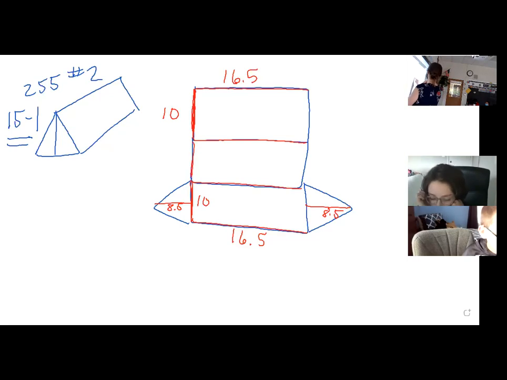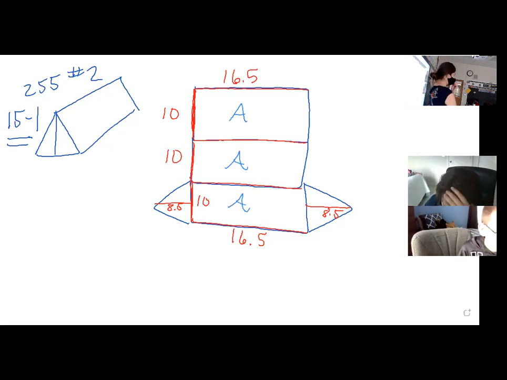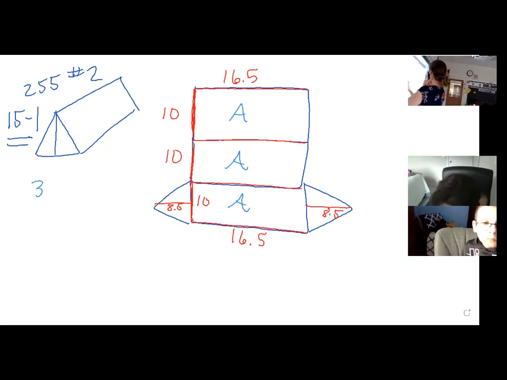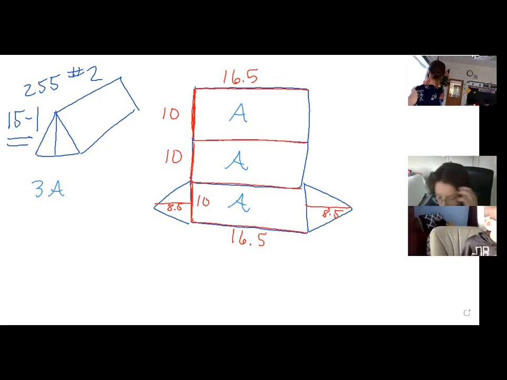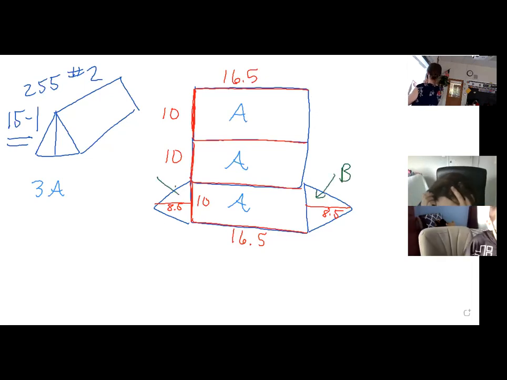So we can tell that all 3 of these rectangles take on the same form, right? 10, 10, 10. So instead of multiplying them each separately, could we say, well, this one is going to be equal to this one, is going to be equal to this one. Find it once and then multiply that answer times what? 3. Okay, so we're gonna have 3 A shapes. And what about the triangles? We're gonna have 2 that I'm gonna call B, because they are the same shape. So we're gonna have 2 B's.